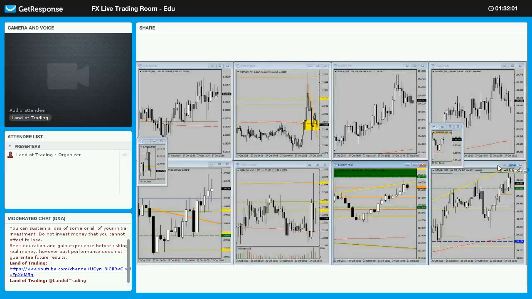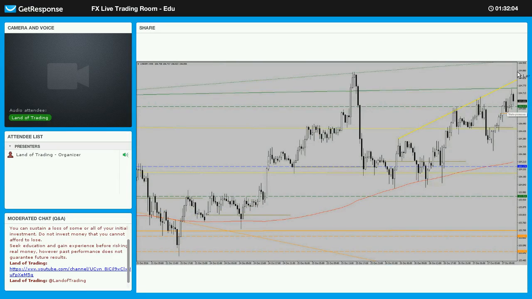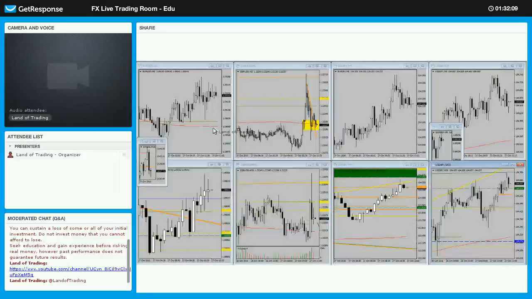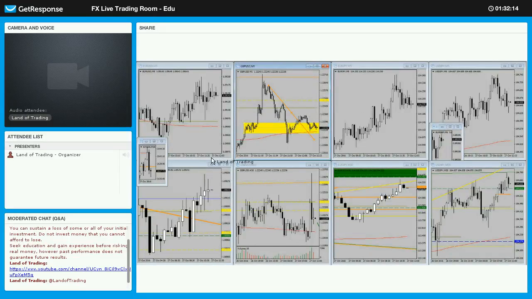And as I explained at the very beginning, I'm watching the price action on dollar yen. We'll see. Any questions?